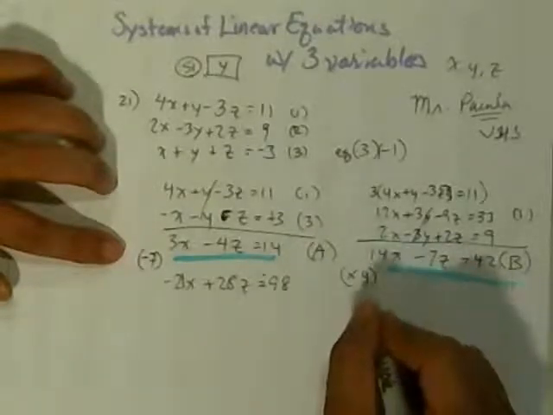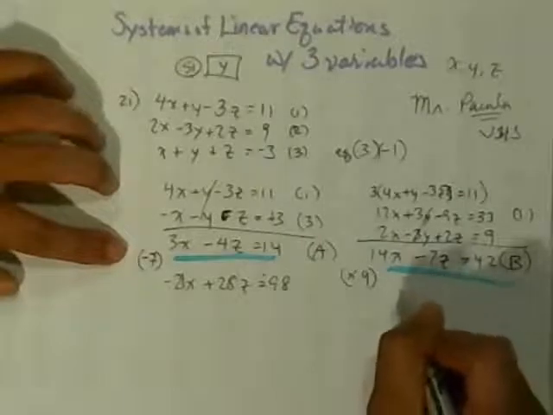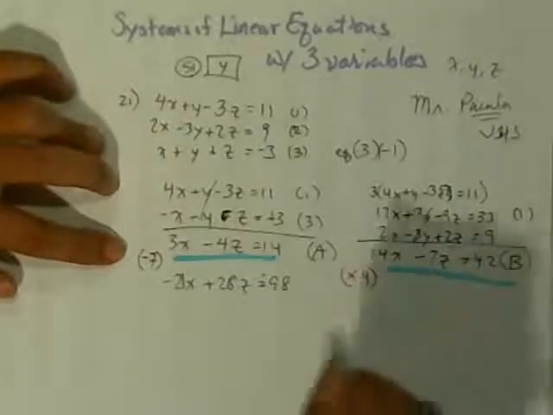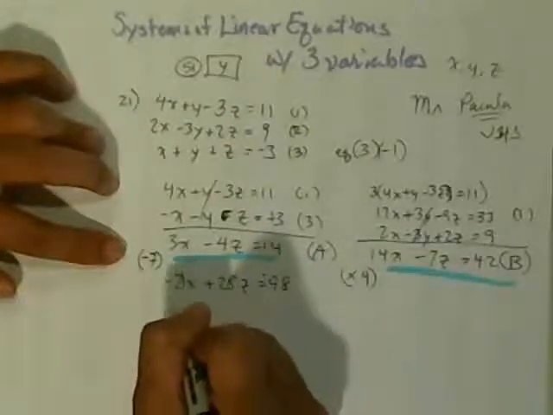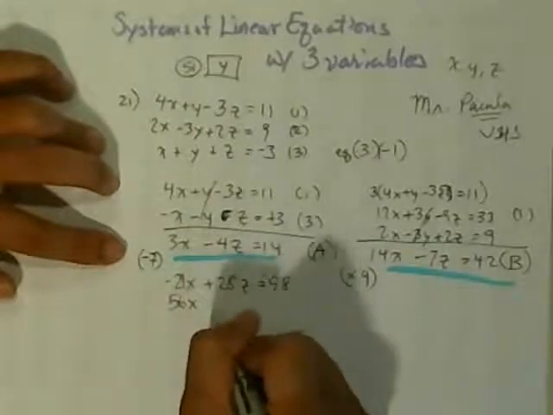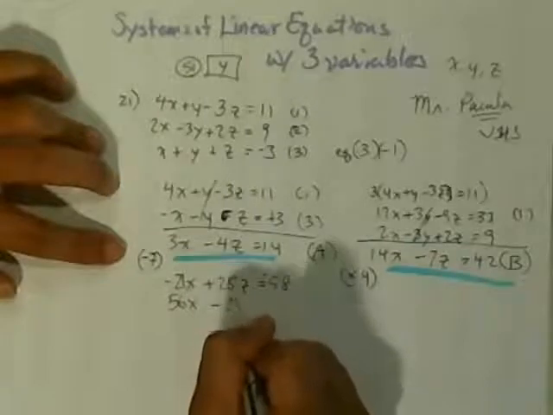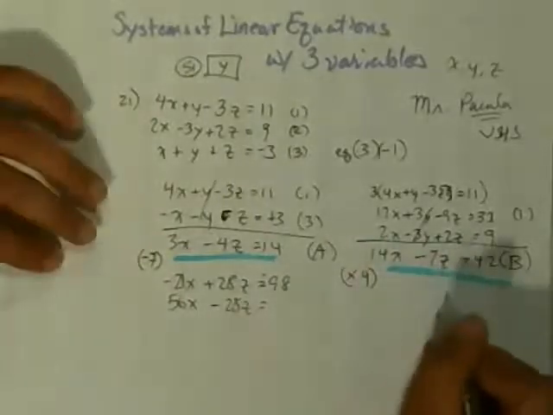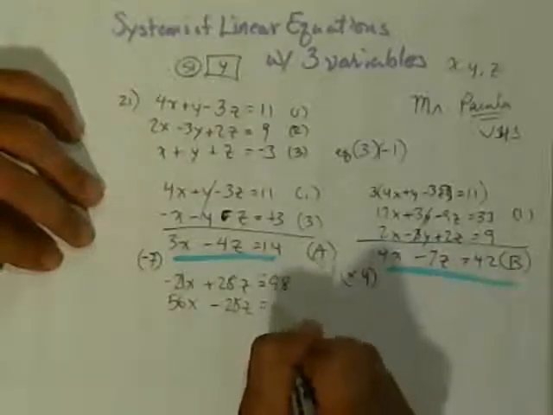Now in the second equation, multiply this by 4. 4 times 14 is 56x minus 28z is equal to 42 times 4 is 168.